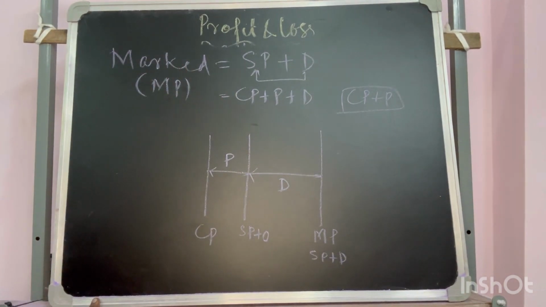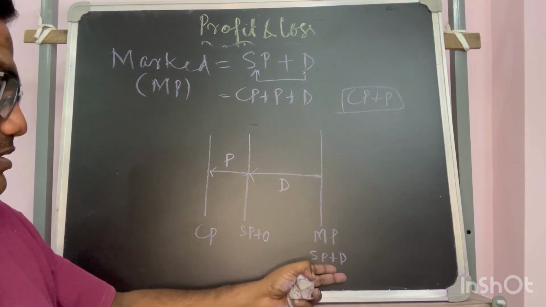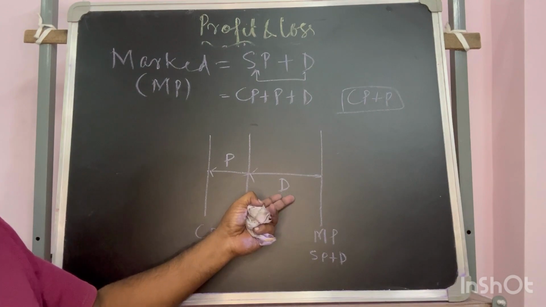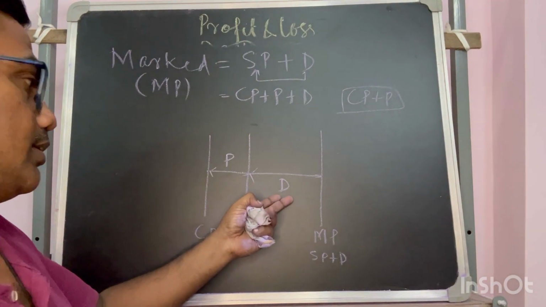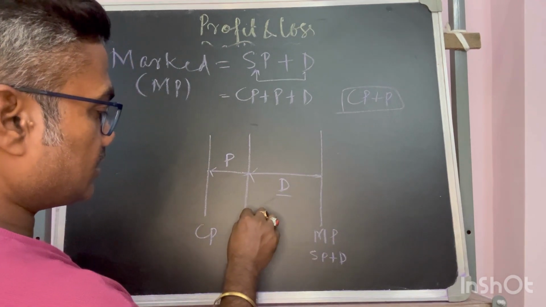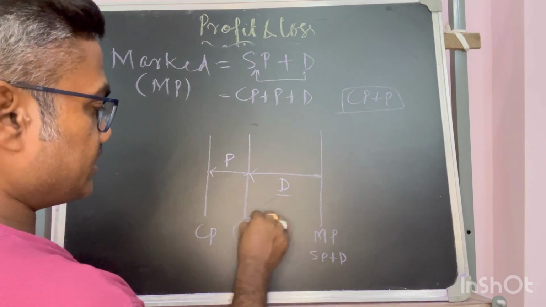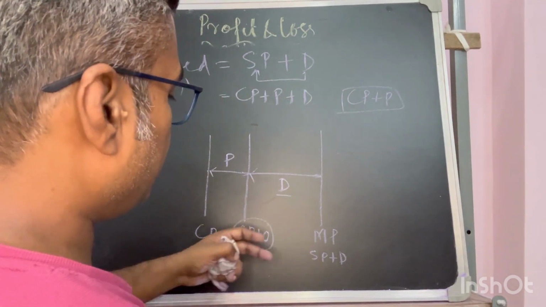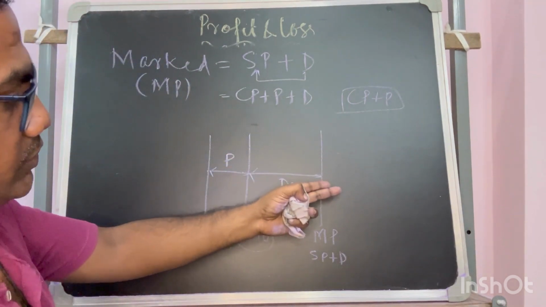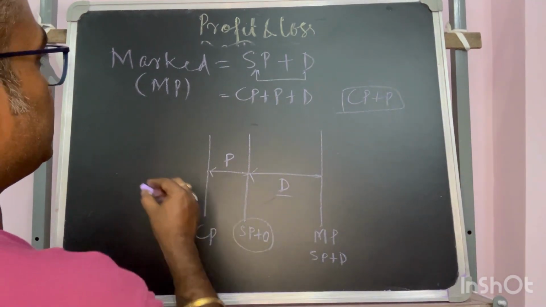This is the range in which the sale price can be adjusted with this D. Why am I saying this? Because if 100% discount is given, the sale price will be something with respect to the market price of 0.